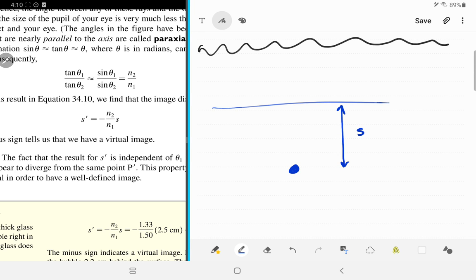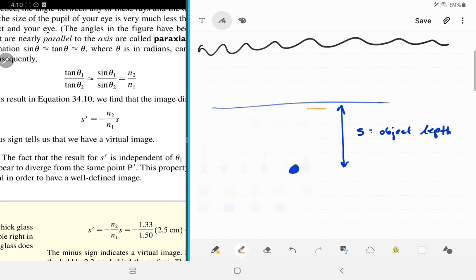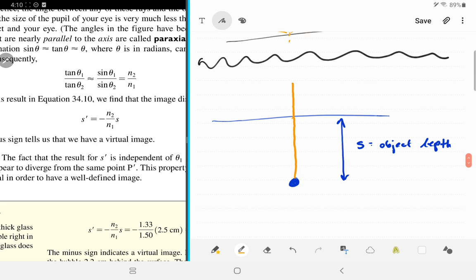So I'll just say that S is the object distance, object depth. Light that goes straight towards the interface is just going to go straight out, right? 0, for Snell's law, 0 equals 0, so that's fine. Then this light ray is going to be bent away from the normal, and we're going to have to trace this back. And similar for the light ray on this side.